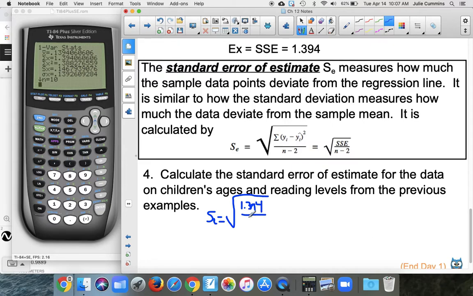I'm on a touch screen right now. All right, and then divided by n minus 2. n is just the number of items in our sample. There were 10, so we're going to divide that by 8. And then we'll just plug it into our calculator and see what we get. 0.4174.